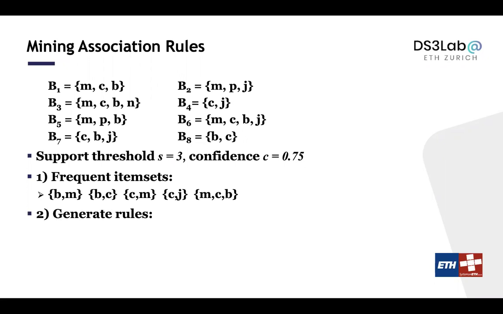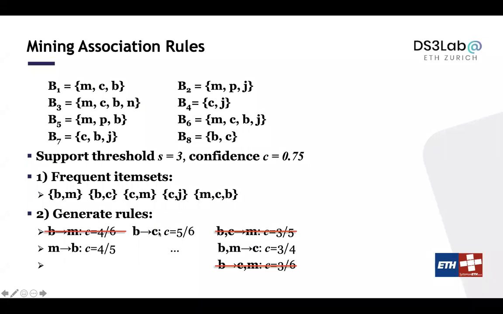Then we can generate rules. You can take, for example, the frequent item set B and M, then generate a rule B to M, or B to C. You can generate a whole bunch of those, and for each one you can calculate its confidence. You filter out all the rules with low confidence, and then you get what you want.